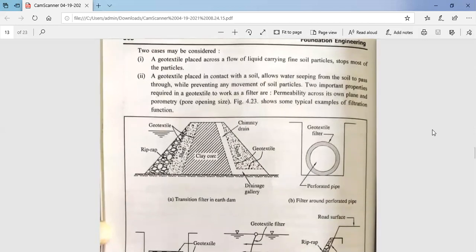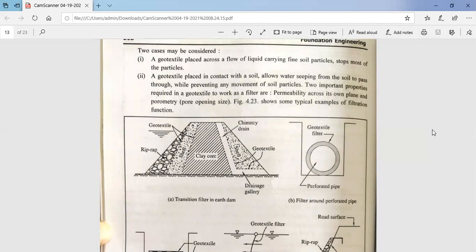Now, two cases may be considered. First, a geotextile placed across a flow of liquid carrying fine soil particles, which stops most of the particles. Second, a geotextile placed in contact with the soil, which allows water from the soil to pass through while preventing any movement of soil particles.